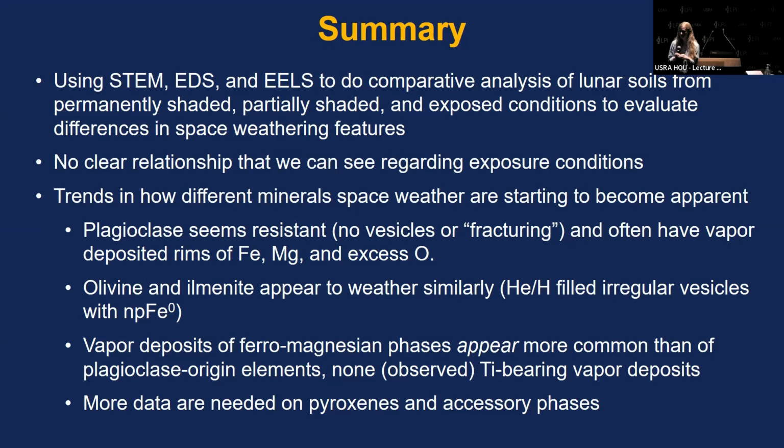But what's the analytical criterion for calling something a sputter deposit in terms of composition versus a vapor deposit? I don't have a very good, clear analytical distinction. In my mind, a sputter deposit would be something that accumulates more slowly than a vapor deposit, which I would think would accumulate a lot of material at once.